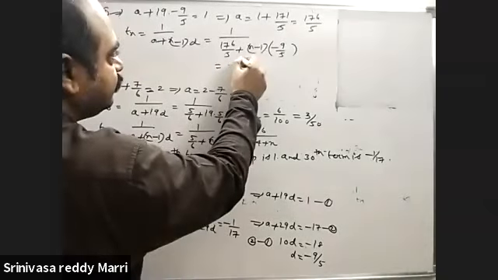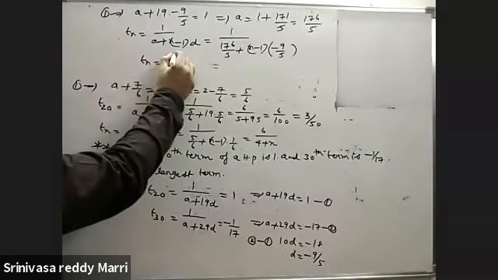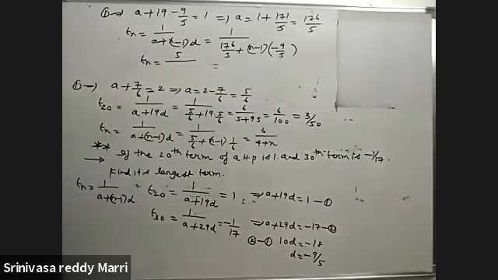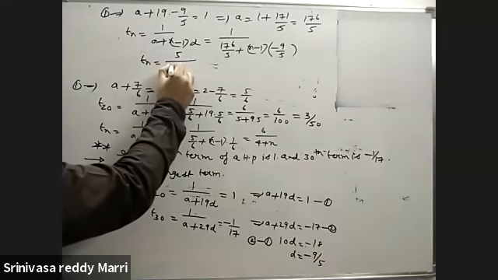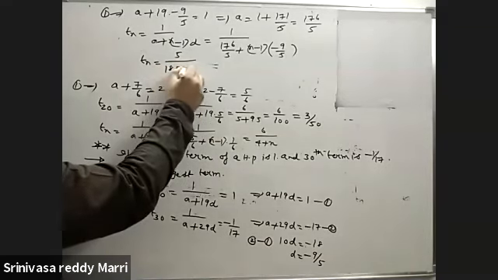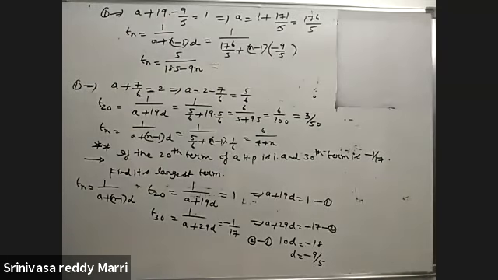So this comes out to be Tn is nothing but 5 divided by, look at, 176 plus 9, 185 minus 9n. 185 minus 9n.